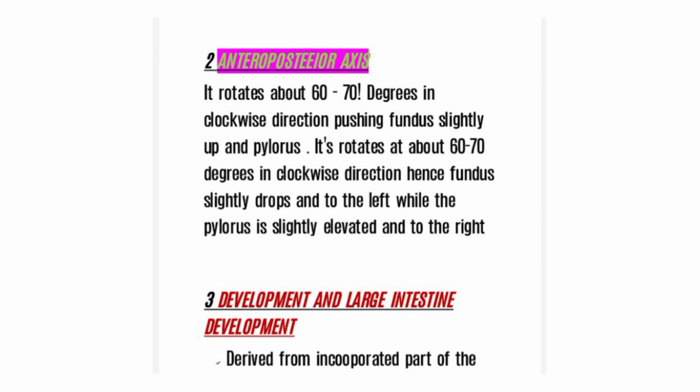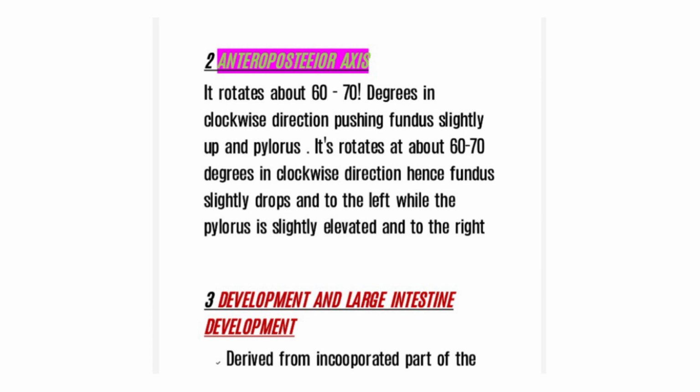Now let's move to the second rotation, that is the anterior-posterior axis rotation. I told you that this rotation occurs at about 60 to 70 degrees, and it is also in a clockwise direction.